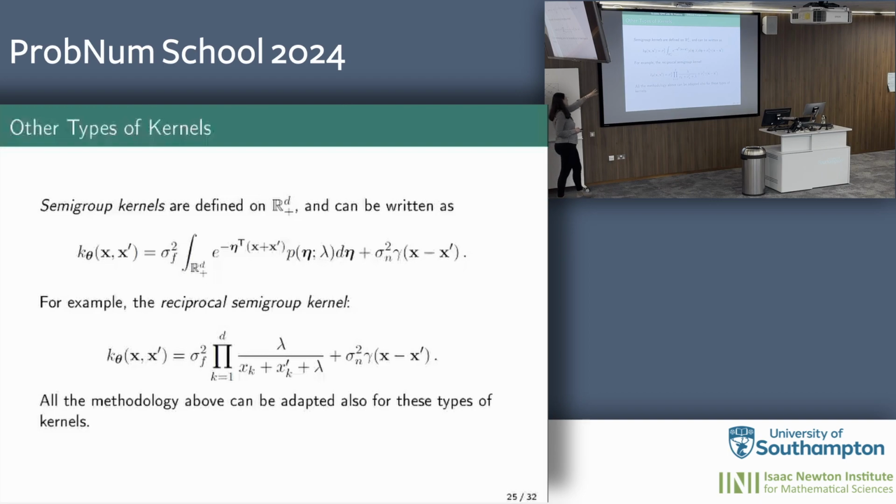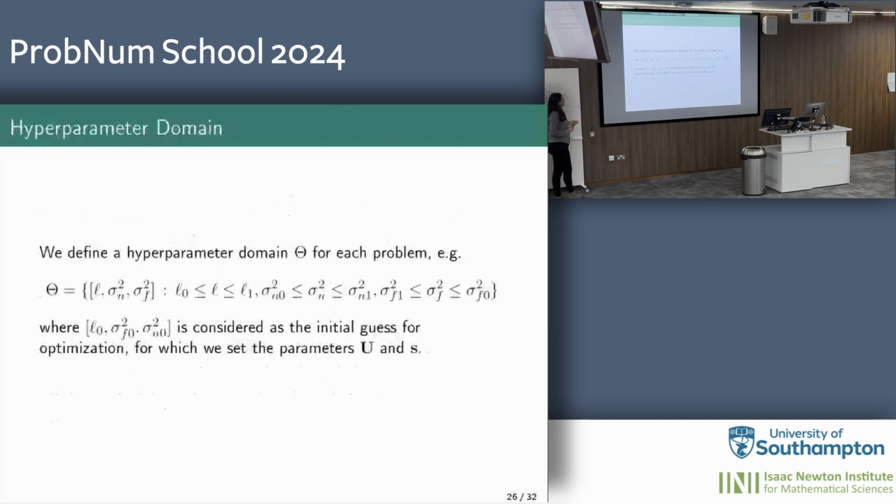But consider, for example, this reciprocal semi-group kernel. This is one example of such kernels that can be represented with a Laplace transform. And you can do all the analysis that we did for symmetric intervals also here, just with some linear transformation, right?